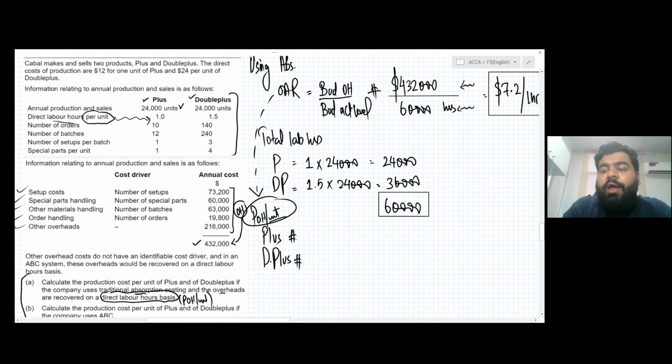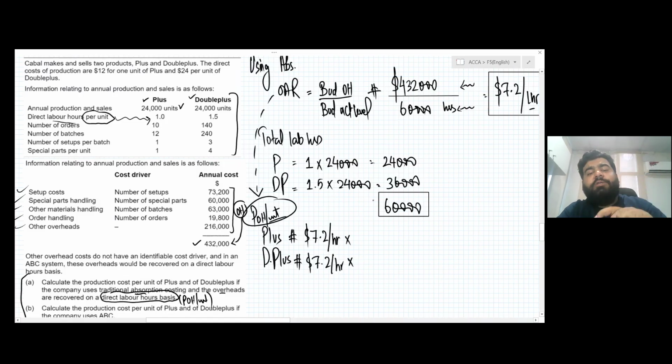We have the OAR, the standard set by the company according to the budget: if one labor hour is worked, $7.2 of overheads will be incurred according to absorption costing. So the rate will be the same for both, $7.2 per hour. Multiply that by how many hours are incurred on one unit of each product.